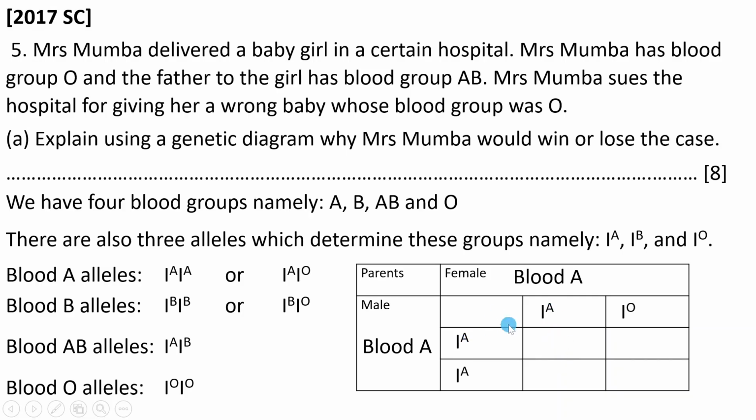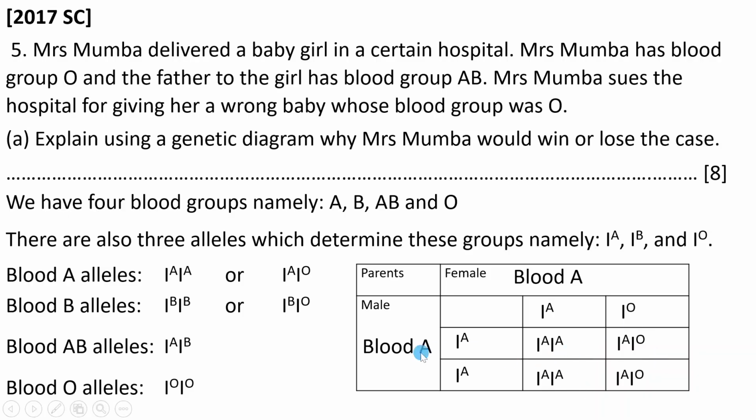In contributing the blood group to the child, if this one contributes A, this one A, and the other contributes A, the other O, the chances are that they'll have two homozygous and two heterozygous blood group A. So if you have one parent who is heterozygous blood group A and another parent homozygous blood group A, there are 1-to-1 chances of having a child with homozygous blood group A and a child with heterozygous blood group A.